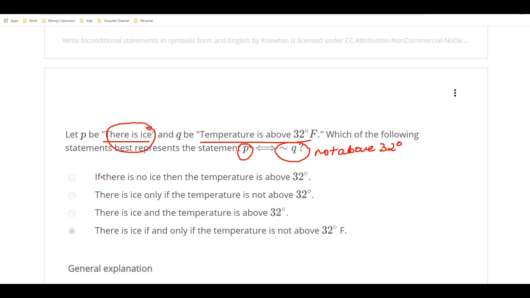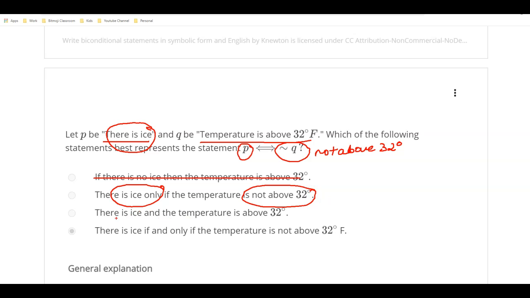Okay, so definitely not this because this says there is no ice and temperature is not above 32. So definitely not this one. Boom. There is ice. There is ice only if the temperature is not. Yeah, this kind of looks good. There is ice and not above. Let's keep it there.